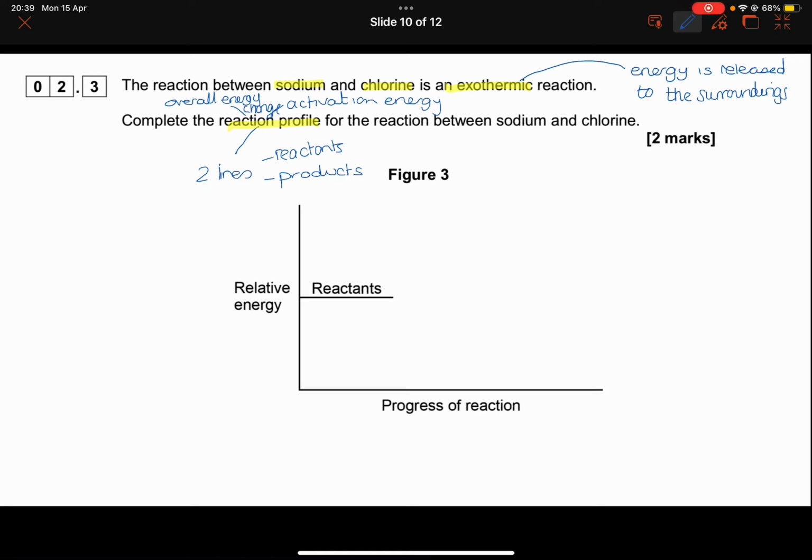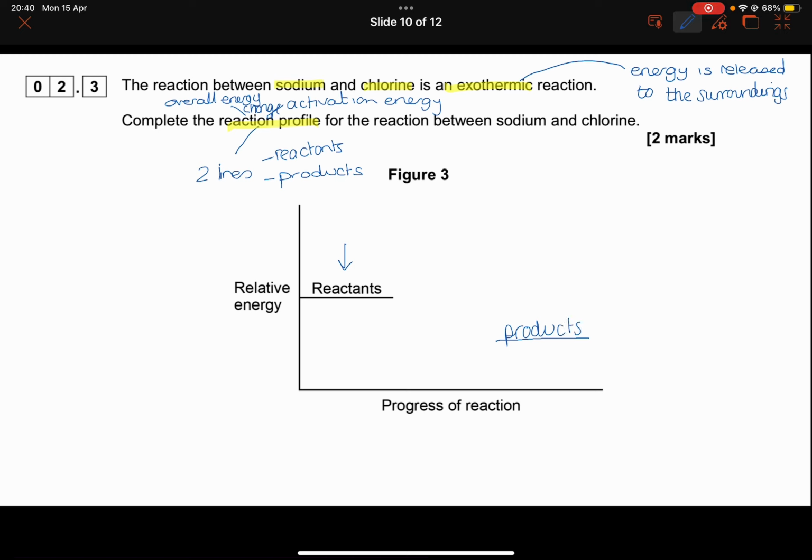So reactants to products, so it's exothermic, so I know I've got less energy in the end. So the line for the products is going to be lower down on the y-axis because it's got less energy, but it's going to be further along on the x-axis because in a reaction your products come later. You start with the reactants here, so your products are later in the reaction.